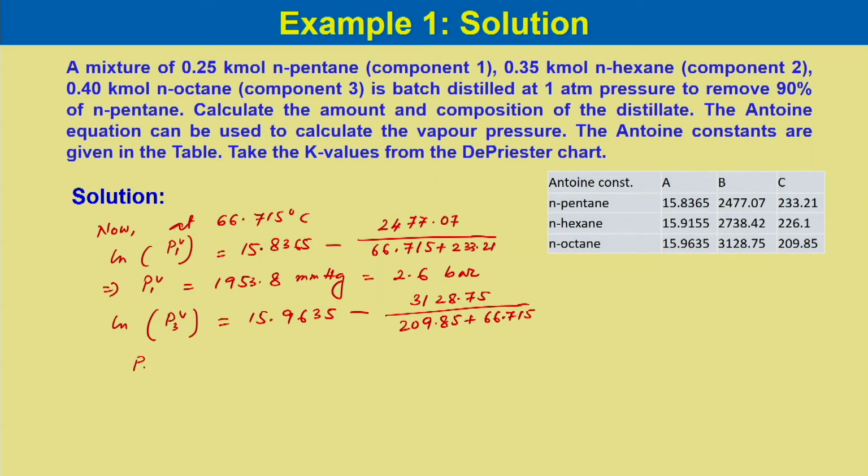Then we can calculate P3V from here would be equal to 100.64 millimeter Hg, which is equal to 0.139 bar.